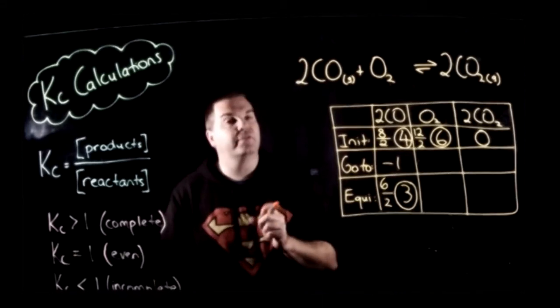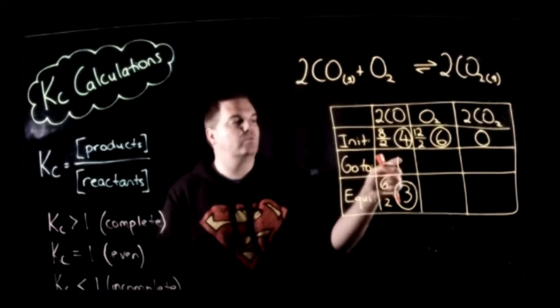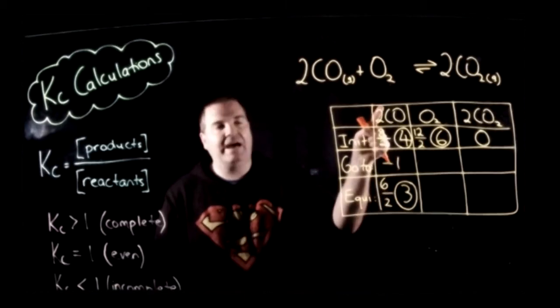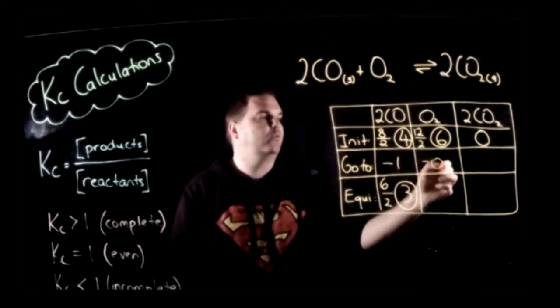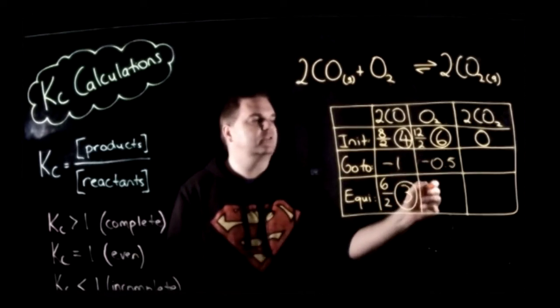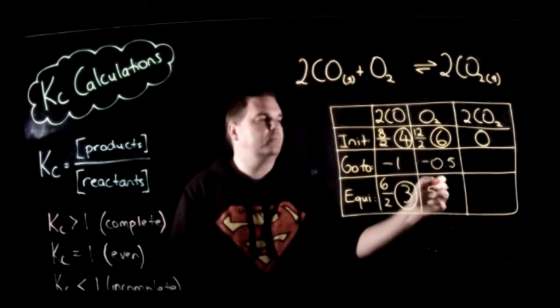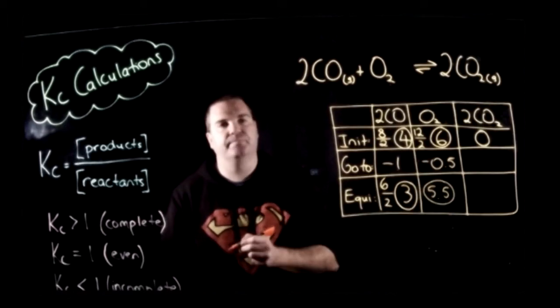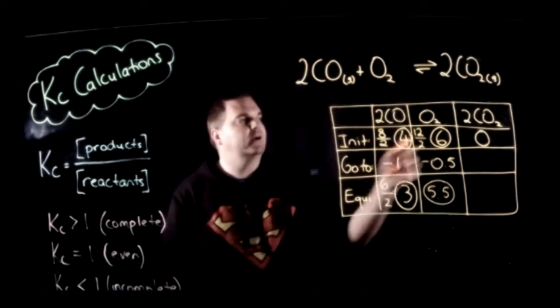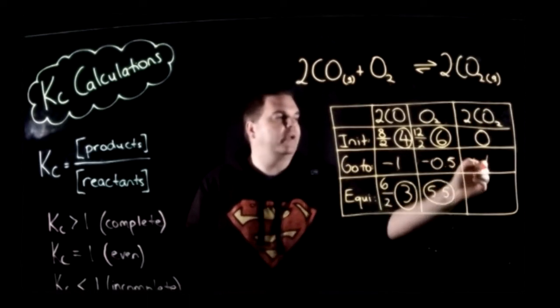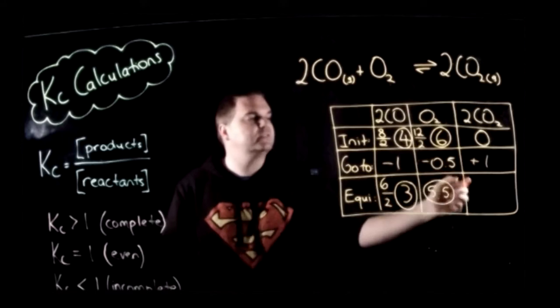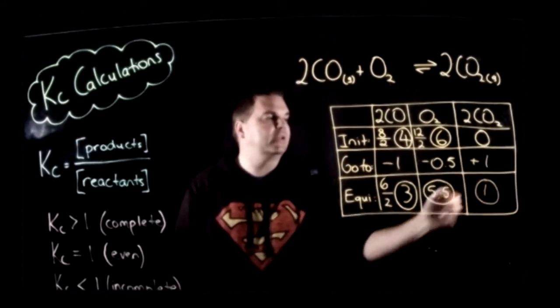Hopefully you've done what I did in the last one and gone 1 divided by 2 is a half, and then 1 times a half, it's going to go down by 0.5. So this is going to be 5.5 moles per litre of oxygen. Carbon dioxide is going to go up by 1. So 2 lots of a half is 1, so that's going to have a concentration of 1 mole per litre.